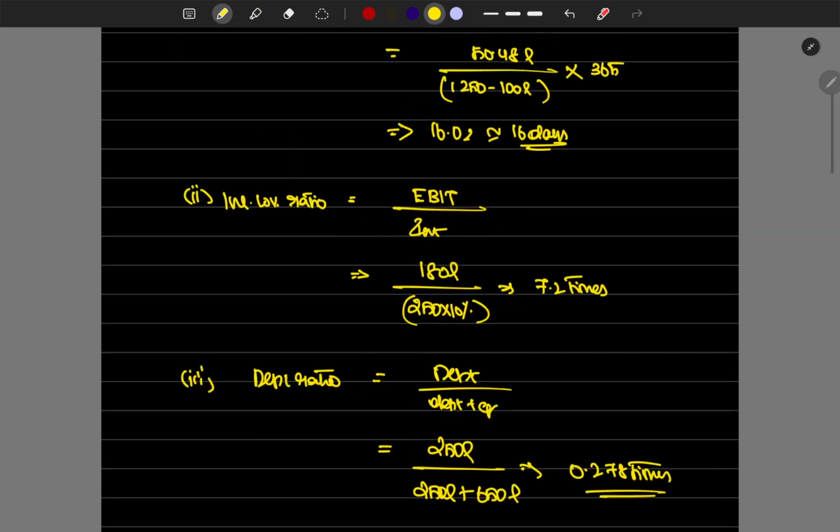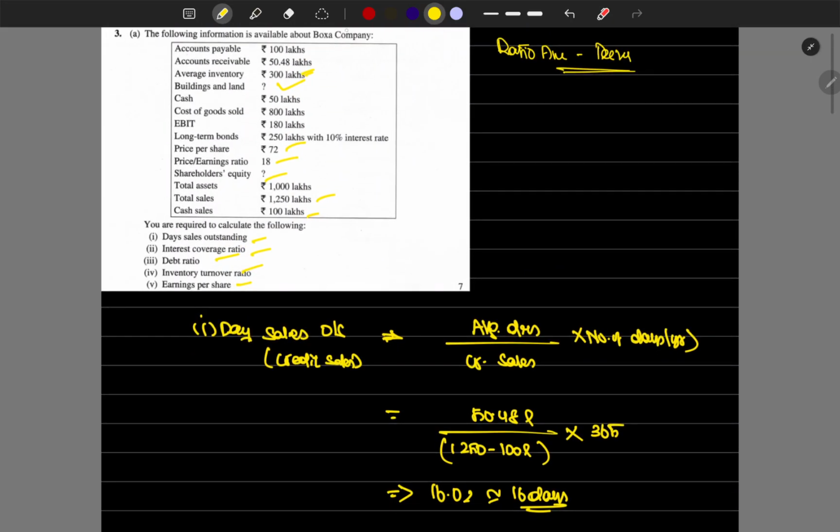We have the total assets value. What are all the assets we have? Accounts receivable, inventory, buildings, cash. That's it, only four items.